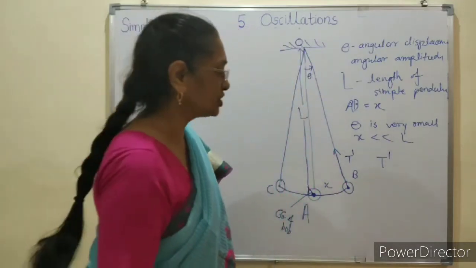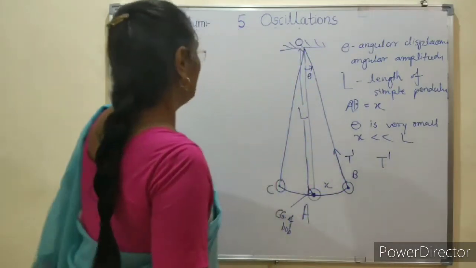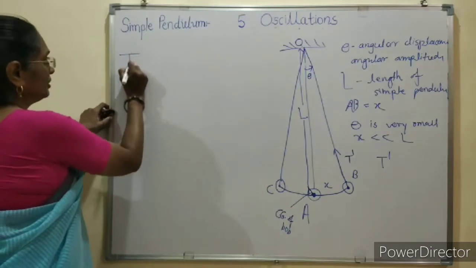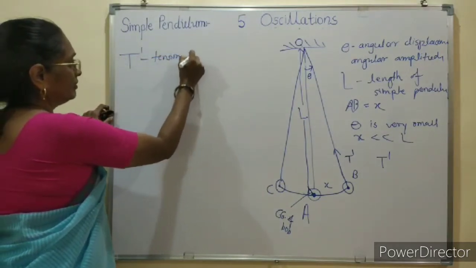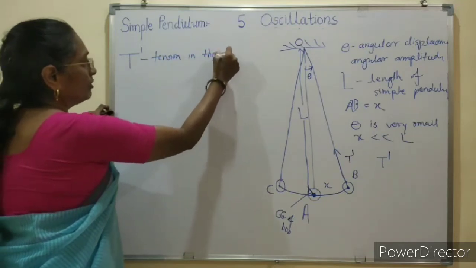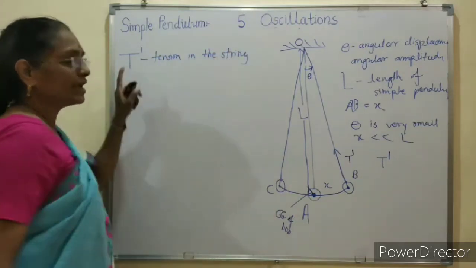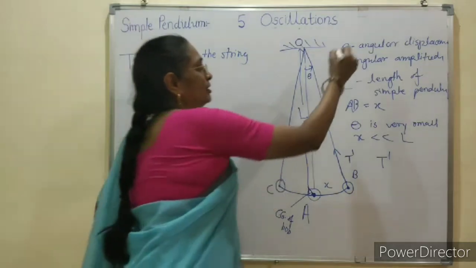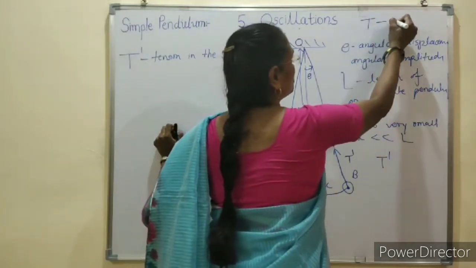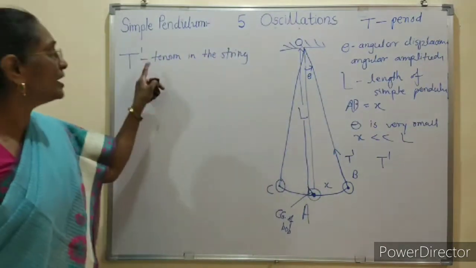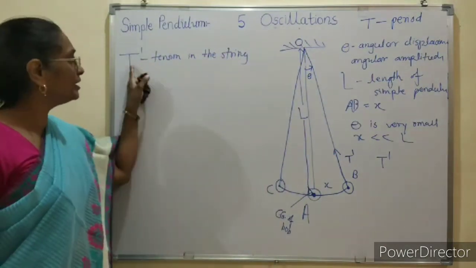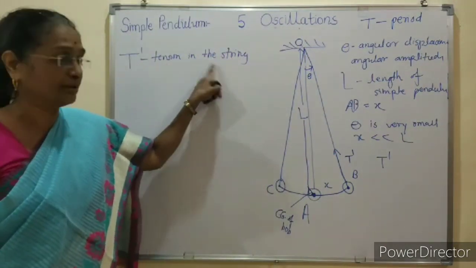T dash is tension in the string. Why we have denoted here T dash? Because in this chapter we have used T for period of oscillation. Therefore T dash we have used deliberately here for tension in the string.